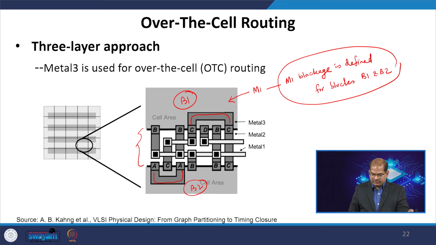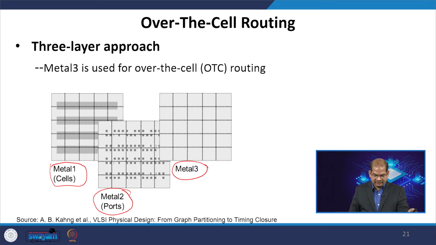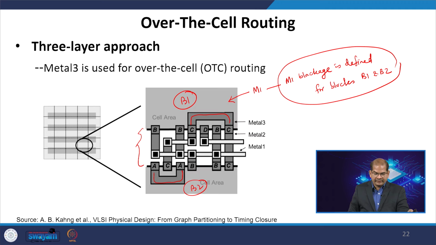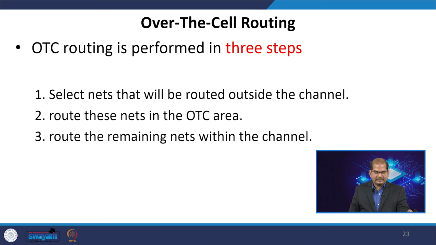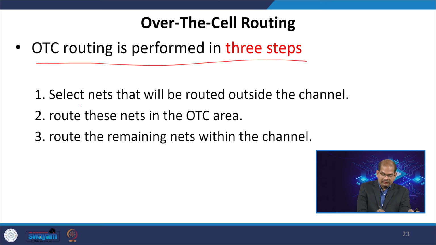and metal 2 pins are there, like what is mentioned here. So, whenever you are doing this OTC routing, it is performed in 3 steps. Select the net that will be routed outside the channel. Okay, we need to select the nets which need to be routed outside the channel.